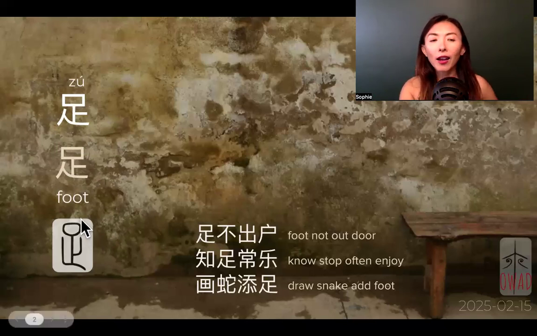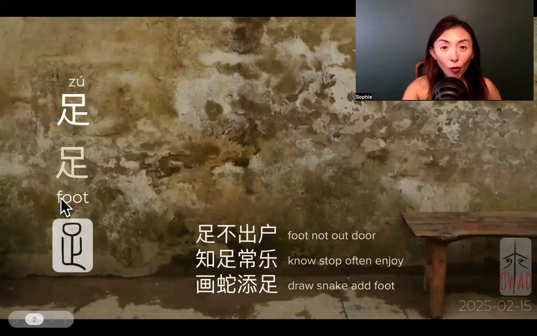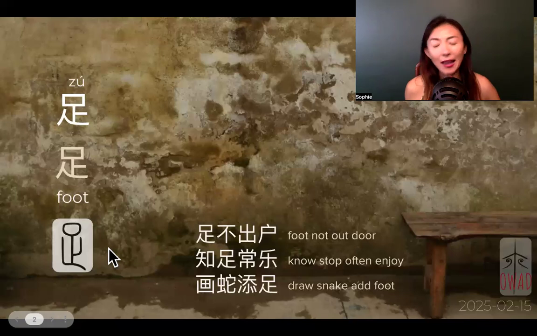So yesterday's character, somebody added the whole foot image plus the kneecap next to the whole foot image to mean toe. So in that sense, it's really duplicated, double duplicated.